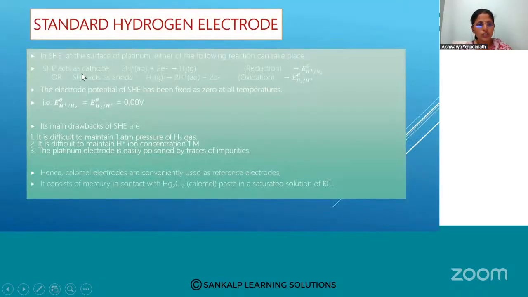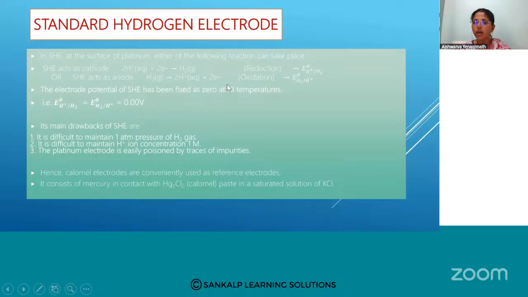So in SHE, at the surface of platinum, either of the following reactions can occur. We said SHE can act as a cathode and it can act as an anode. If it is acting as cathode, H plus ions take electrons to form H2, or if it acts as anode, H2 loses electrons to form H plus. So the electrode potential has been fixed as 0.